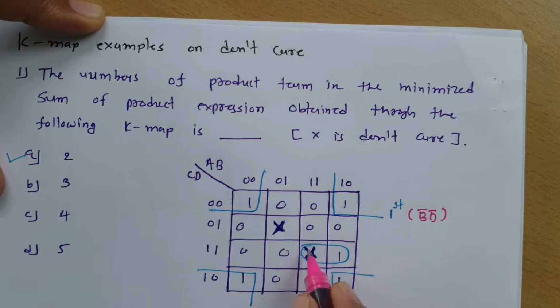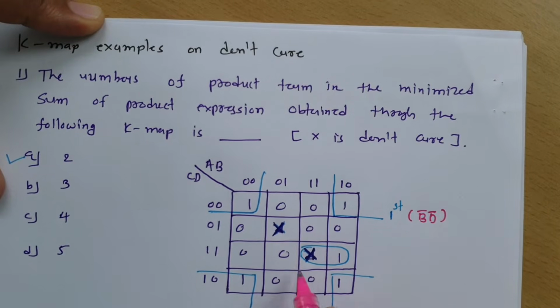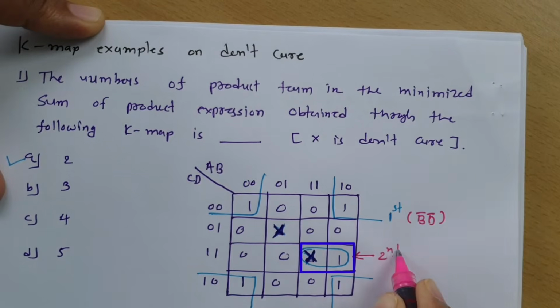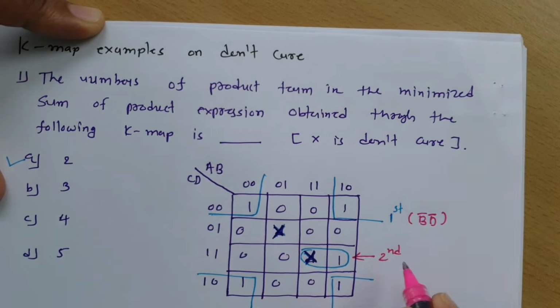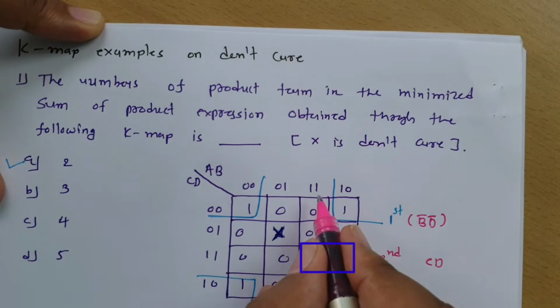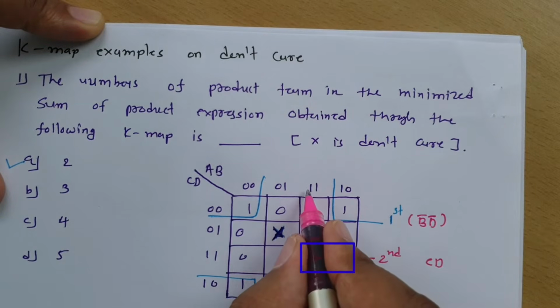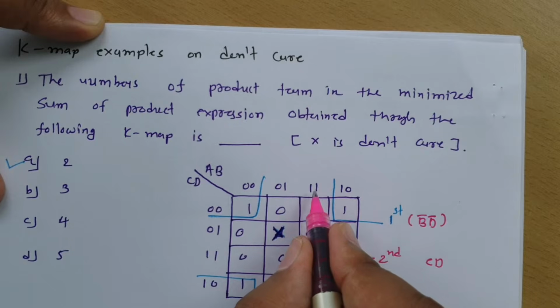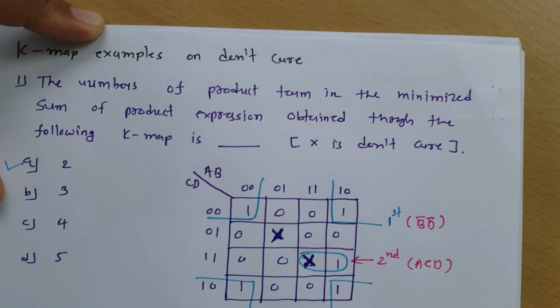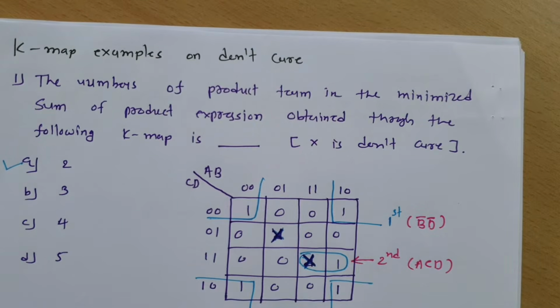And as per this solution, for the second group, you see CD is 11, and AB is 11 and 10, so A is constant. So I can say this is ACD.